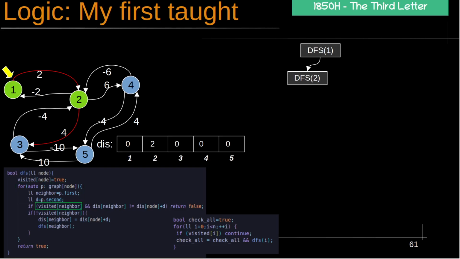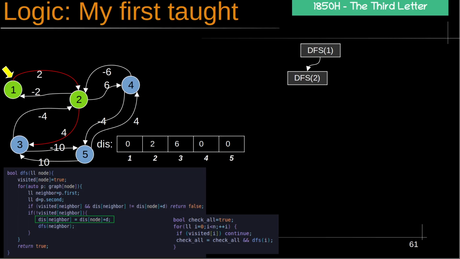Check if 3 is visited or not. In this case, it's not visited. And if it is not visited, we update its distance. So distance from 1 to 3 is the distance from 1 to 2 plus the weight from 2 to 3, which is 4 here. So we add that to the distance. We have 6 here.